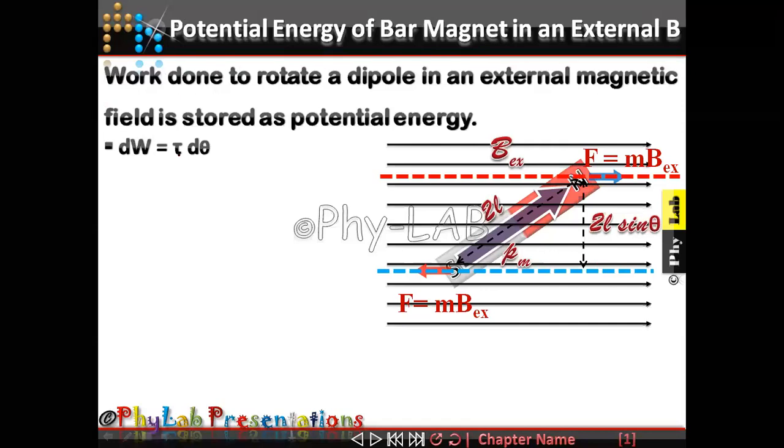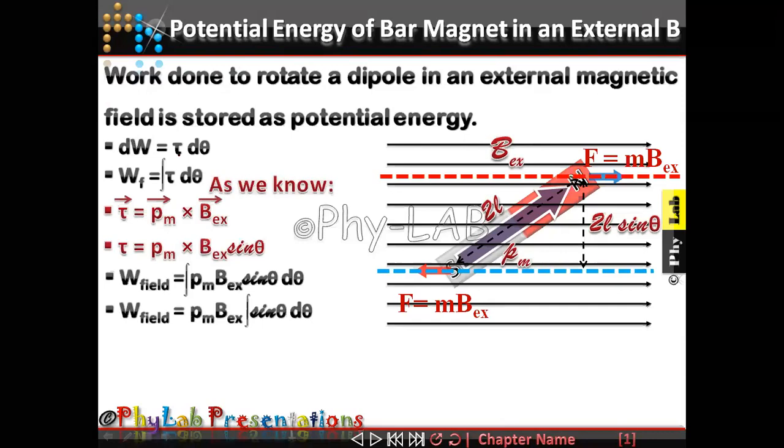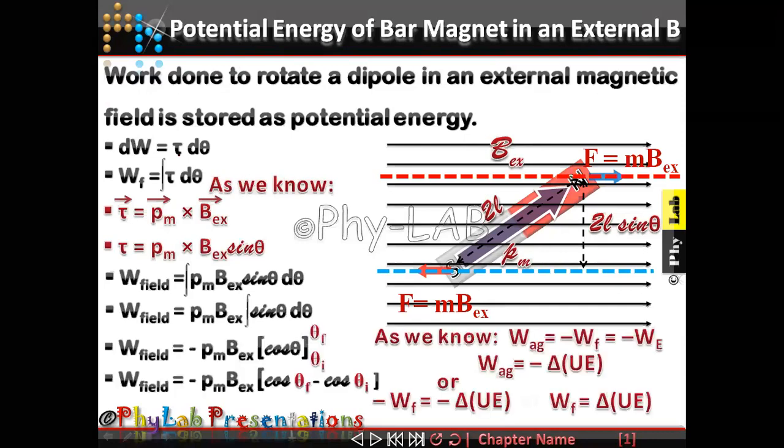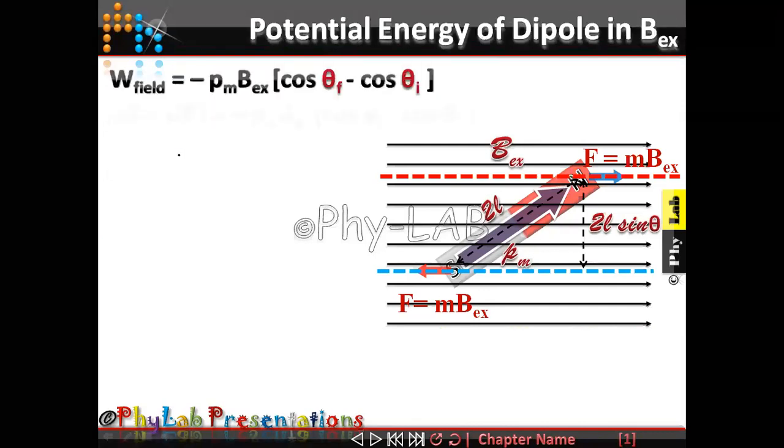Now the torque acting on the dipole was Pm B sin theta, and under the action of this torque, the dipole rotates by any angle d theta. Then the work done in this rotation will be torque into d theta. Substituting it and solving it out, you get this expression for potential energy. Please take a note of all these things. I'm just quickly moving ahead.